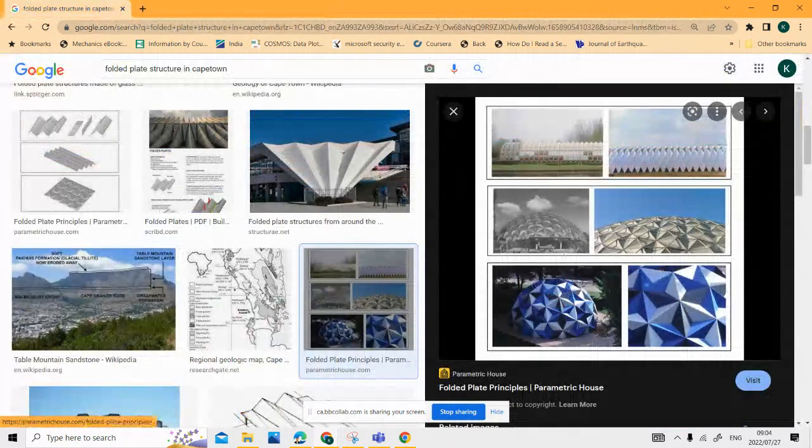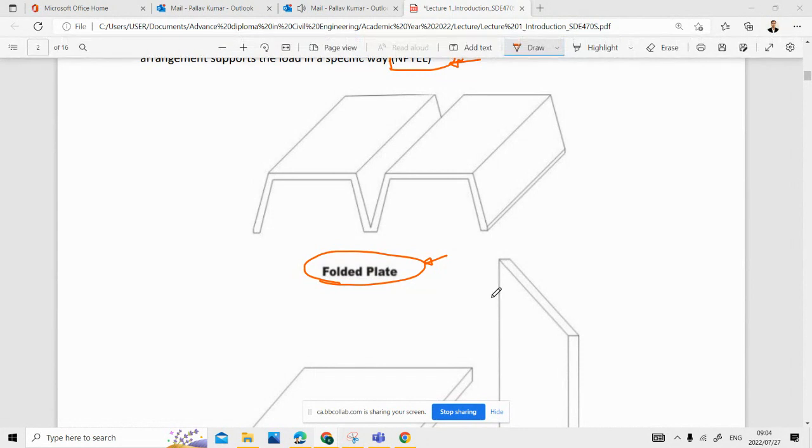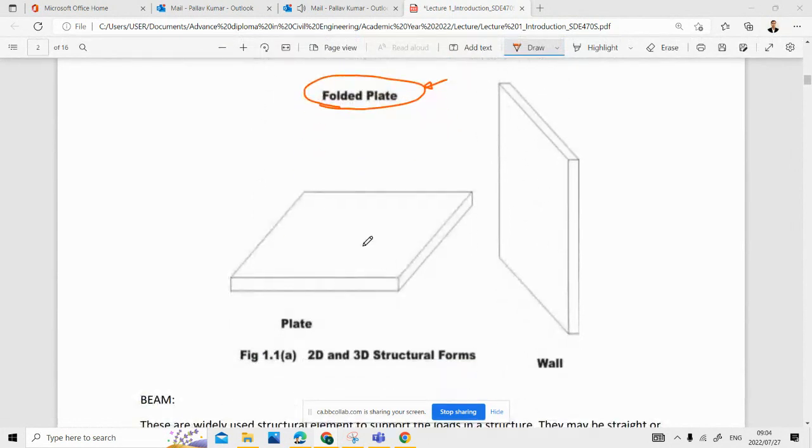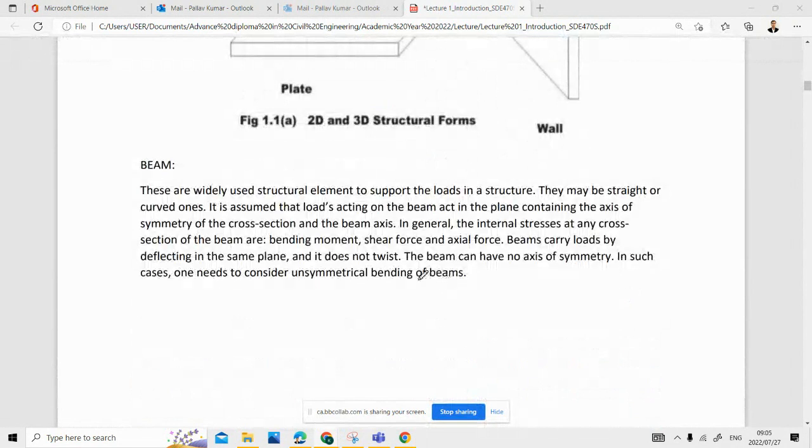So this is one thing I want to show you in order to understand, and later you will also see how to design such structures. And these are the plates which you already know. These are the 2D structural form, and then we can go with the 3D structural form.